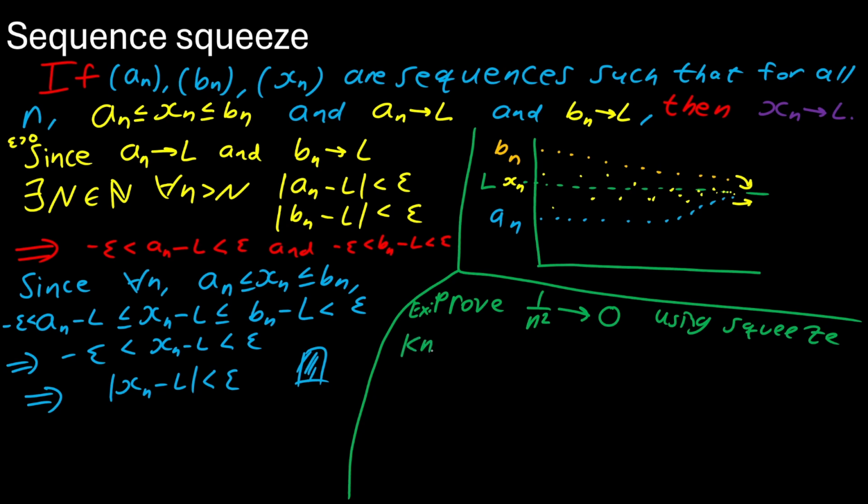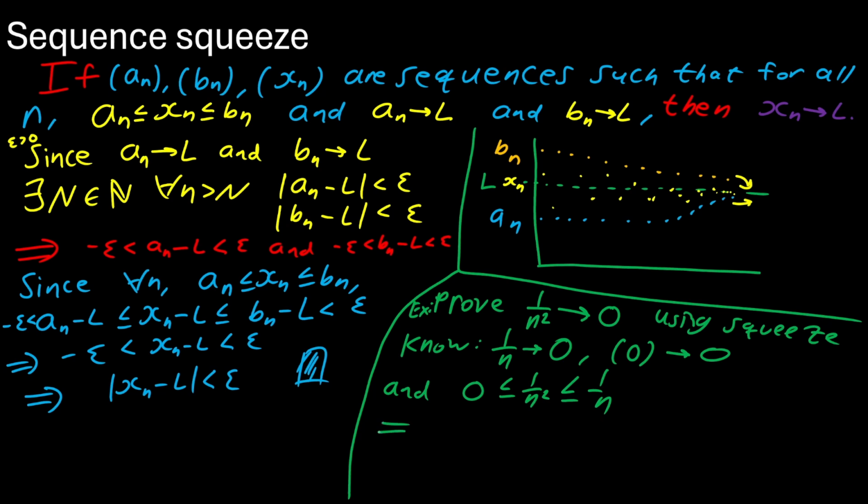Well, we know that 1 over n goes to 0, and we know that the constant sequence 0 goes to 0, and 1 over n squared is always between 0 and 1 over n, so 1 over n squared goes to 0. Great.